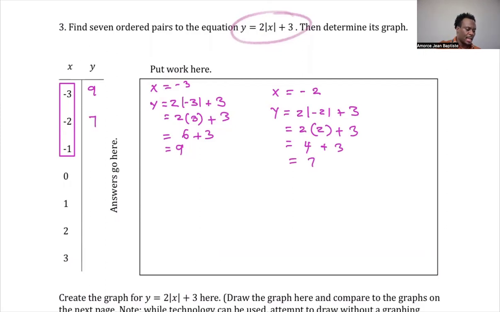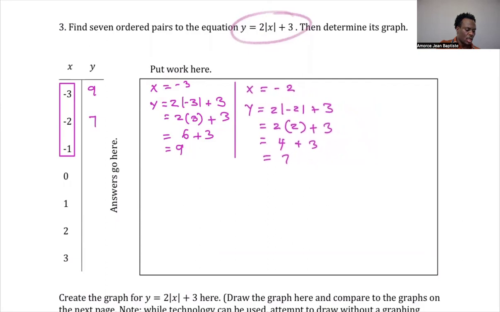Like I said, I'm finding the values manually for the first 3, and then we will use the graphing calculator to find the rest. And now x equals negative 1. We'll have y equals, again, the formula for y, we know it. It's 2 absolute value of x plus 3.